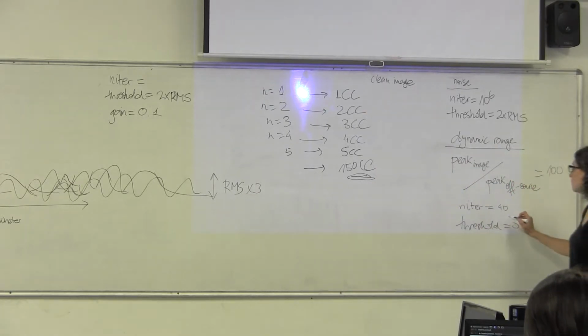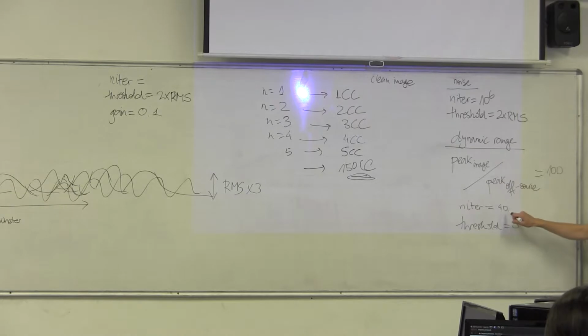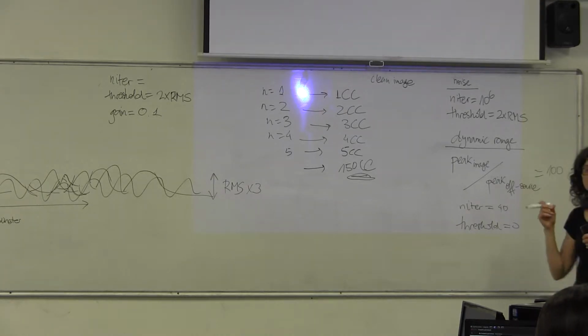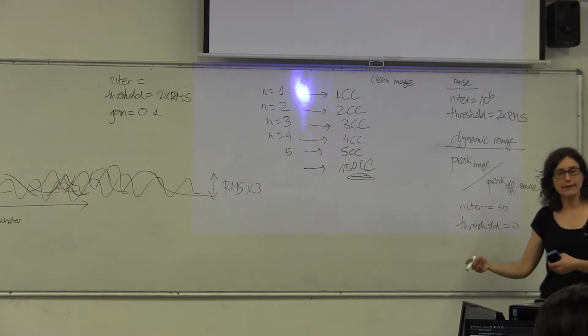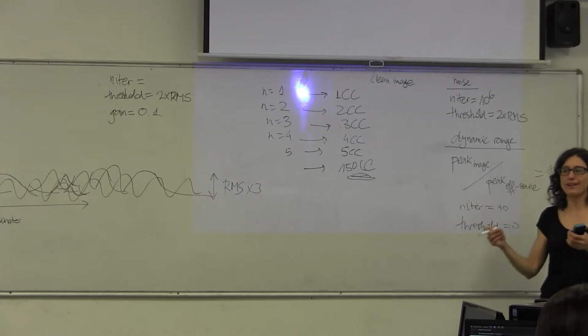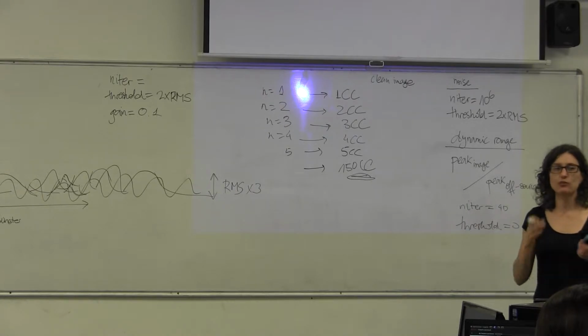So what you usually do is put a low number of iterations, and then when you stop, you compare the peak of the clean image with the residual, and then you decide whether you are already happy. If you are not happy, then you can tell the algorithm to start again. I don't think in AbsynSim you can do that, but the cleaning algorithm doesn't need to start from 0 again.